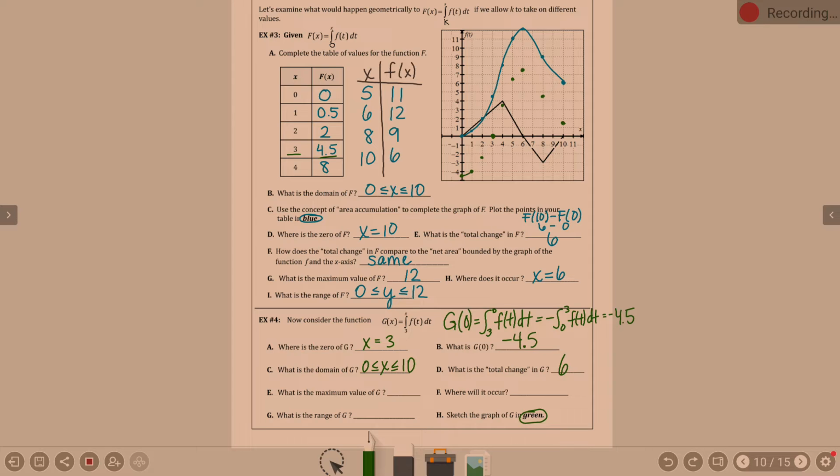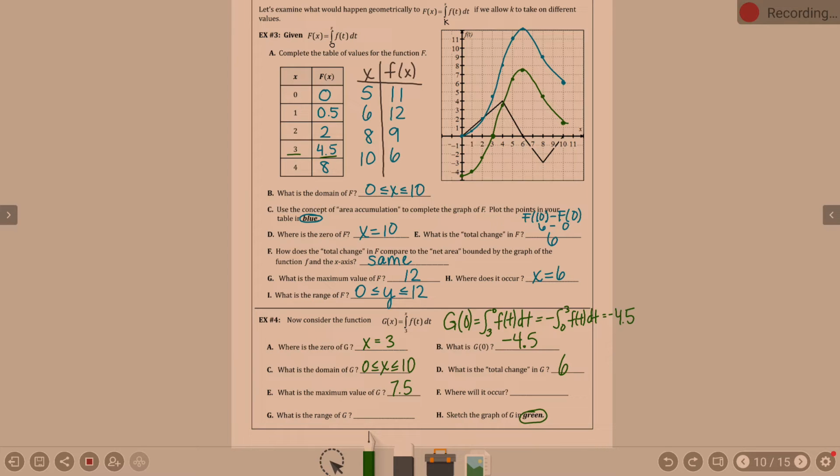Same curve, just translated down 4.5 units. So what is the max value of G? 7.5.